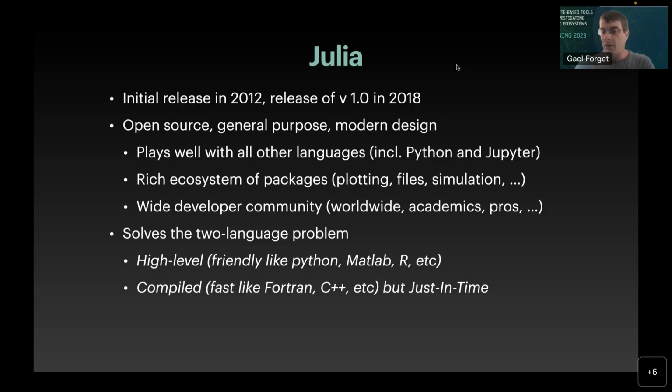One of the things I would highlight is that, in a sense, Julia was designed to solve the so-called two-language problem, which you might have experienced if you do scientific calculation. That is, you want something like Python or MATLAB to prototype quickly and demonstrate and share with colleagues, so a high-level view into your science, but you also often need, when you are doing big computations, a compiled language like Fortran or C++ that goes very fast.